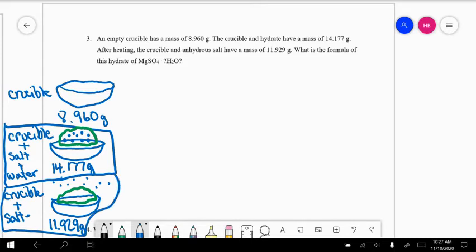So if I want to know the mass of the water, I just take the crucible plus the salt plus the water and subtract off the crucible plus the salt.